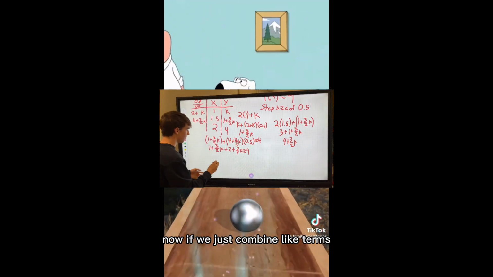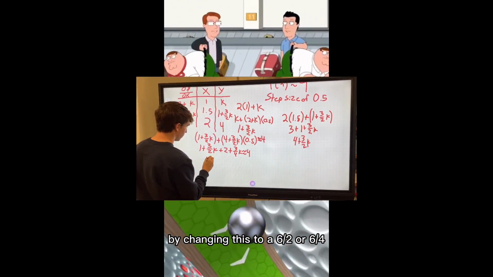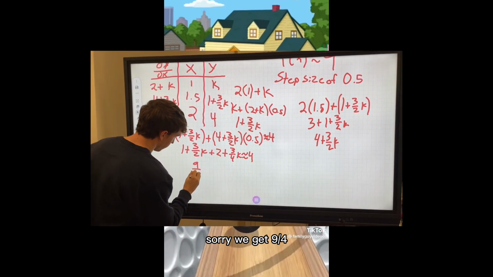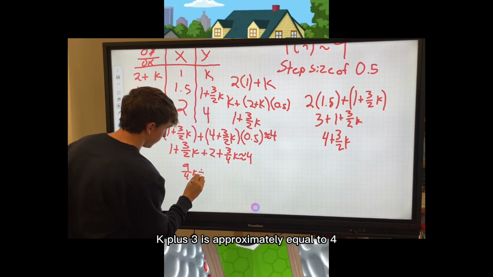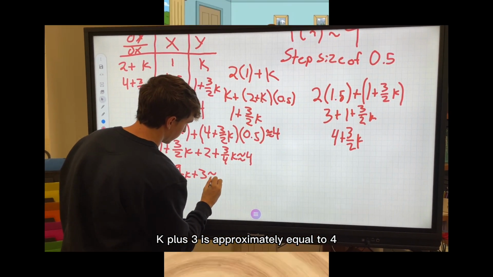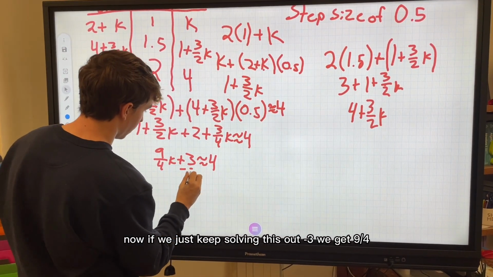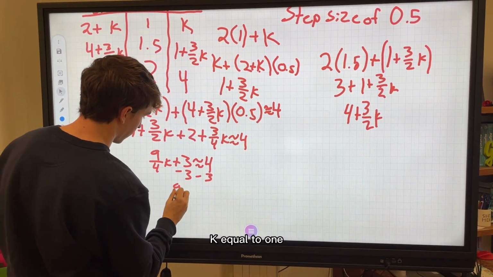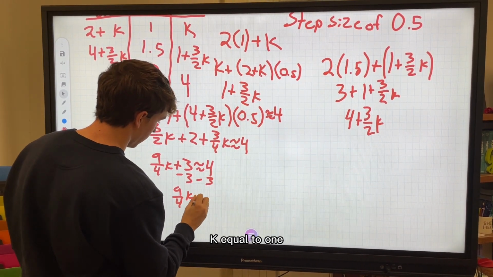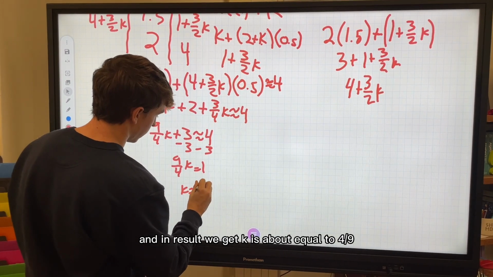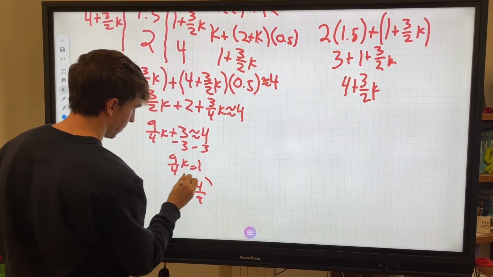Now, if we just combine like terms by changing this to 6 halves, or 6/4, we get 9/4 k plus 3 is approximately equal to 4. Now, if we just keep solving this out, minus 3, we get 9/4 k is equal to 1. And in result, we get k is about equal to 4/9.